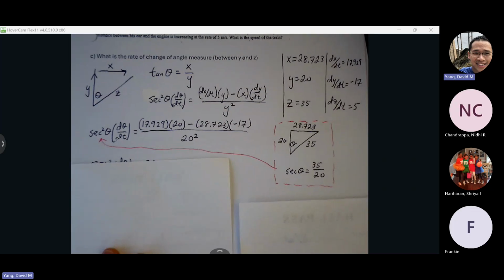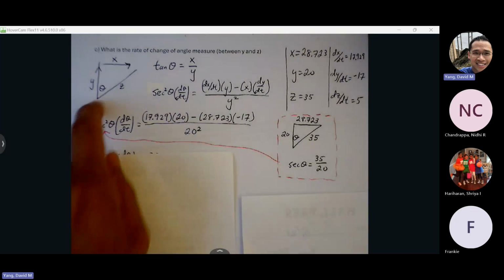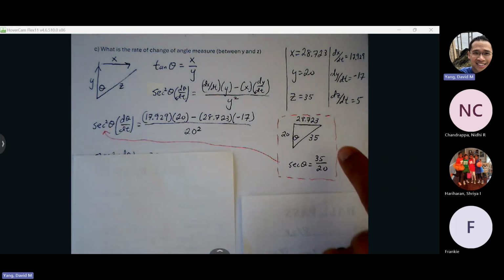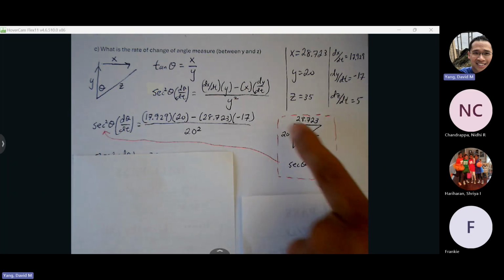So the unique thing about trig related rates is finding that replacement for that trig function. And so this is what the second triangle looks like with the sides filled in. And then secant is hypotenuse over adjacent because we know it's a reciprocal of cosine. Cosine is adjacent over hypotenuse.